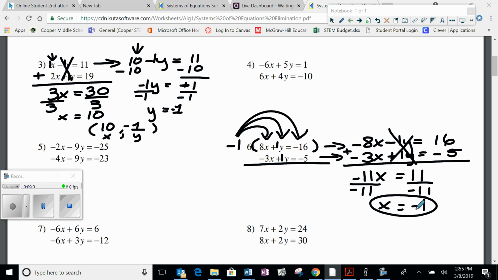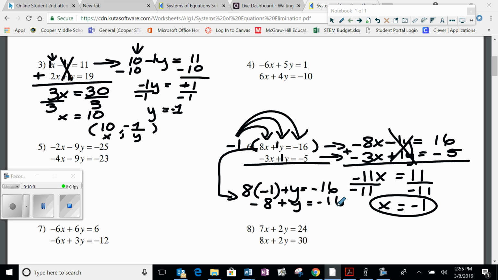Okay? So I'm going to go back and I'm going to say 8 times negative 1 plus y equals negative 16. Eight times negative 1 is a negative 8.